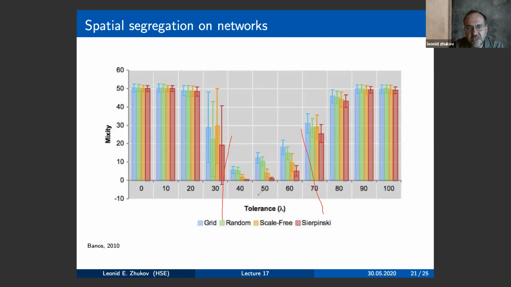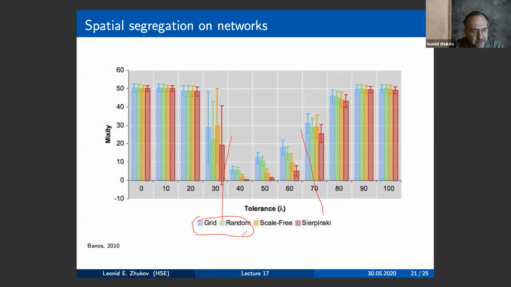But what's interesting is there is quite different behavior between, say, the grid and the random network, which look quite similar. And the grid is pretty much the original model.